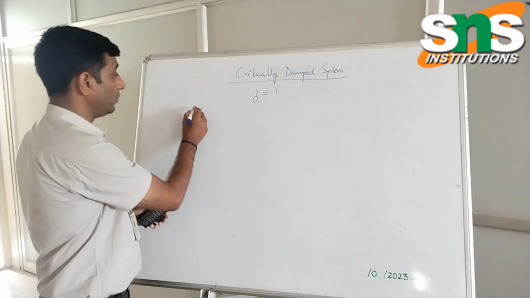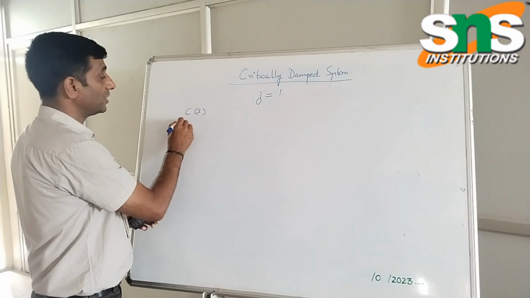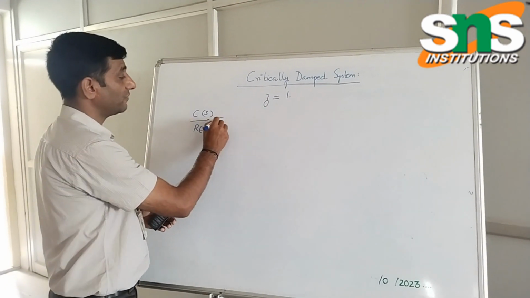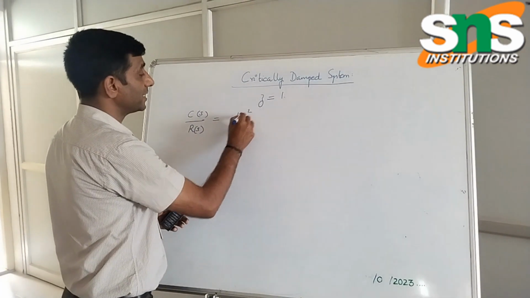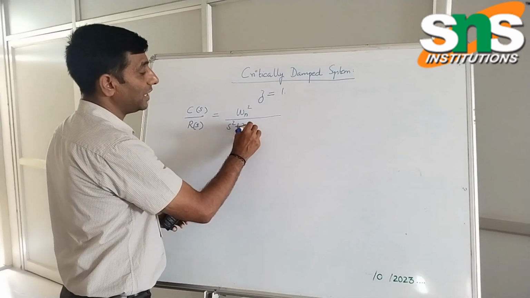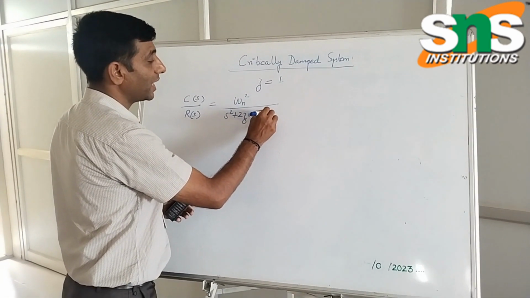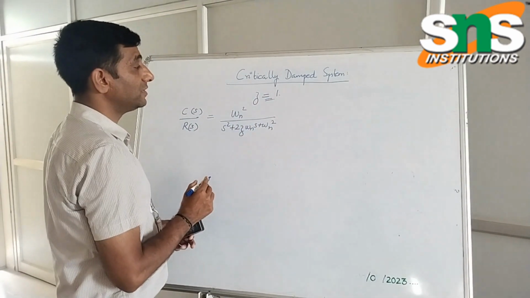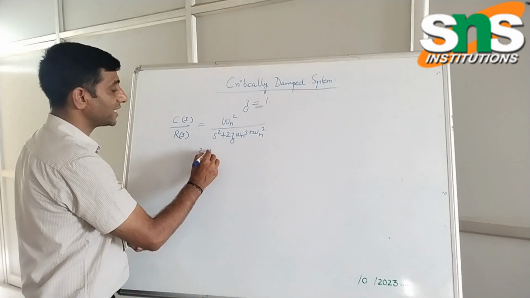Now again we will consider the general form of a second order system, which is given by C of s by R of s is equal to omega n squared divided by s squared plus 2 zeta omega n s plus omega n squared. Now it is a critically damped system, which means we apply zeta is equal to 1.